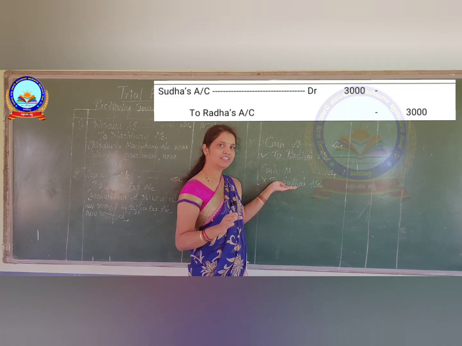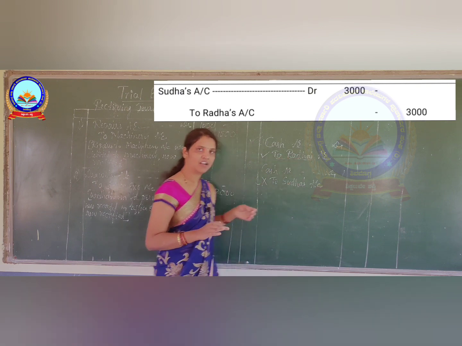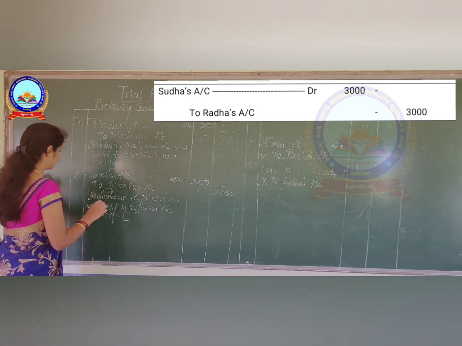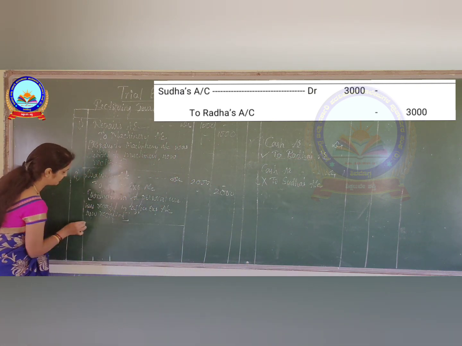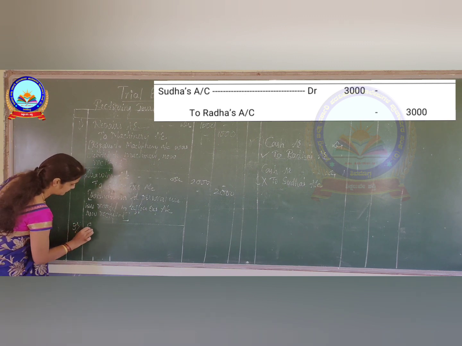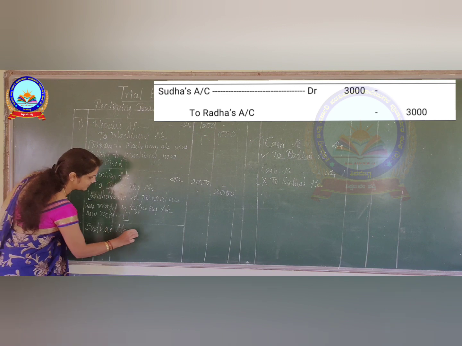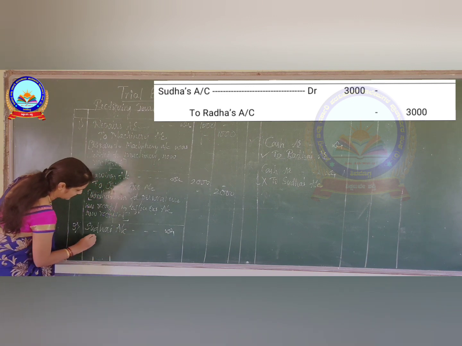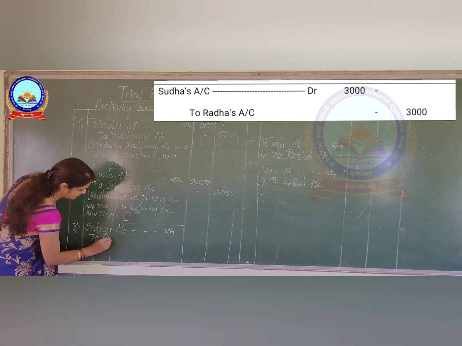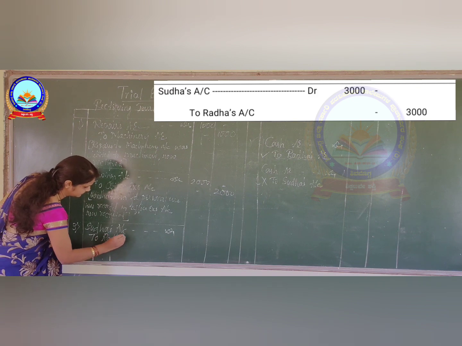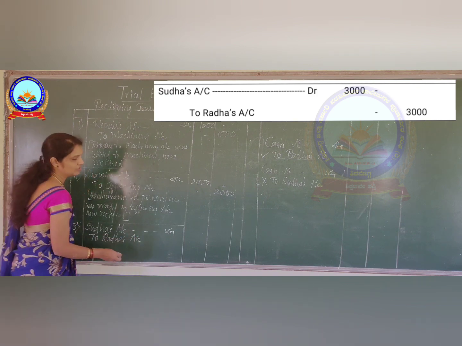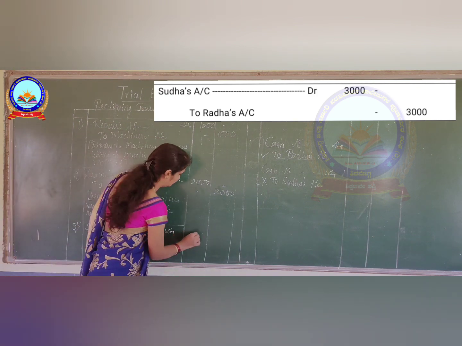Sudha's account debtor to Radha's account is the rectifying entry. Sudha's account debtor to Radha's account, rupees 3000.